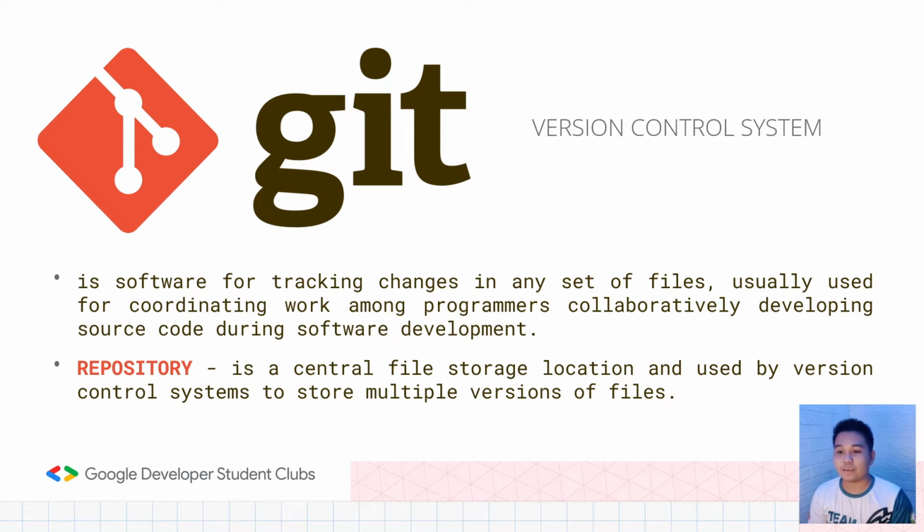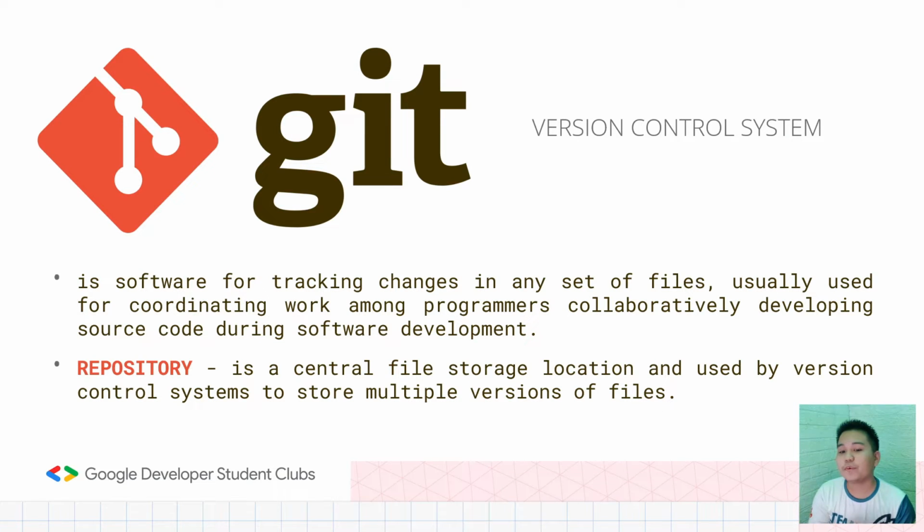Again, Git is a software, okay? What makes Git special is that it has a repository. A repository is a central file storage location used by version control systems to store multiple versions of files.